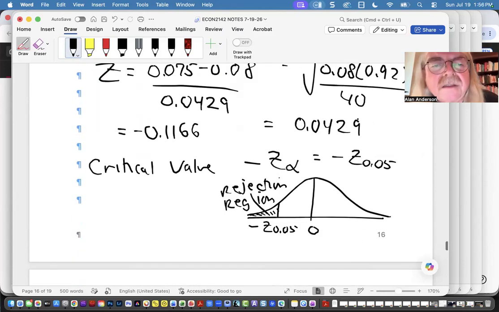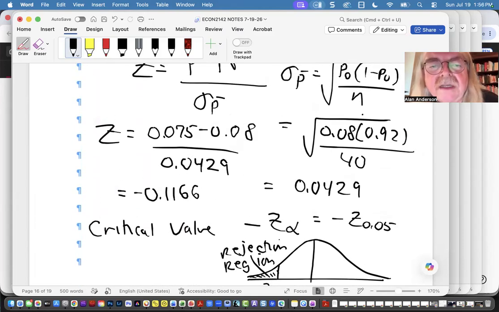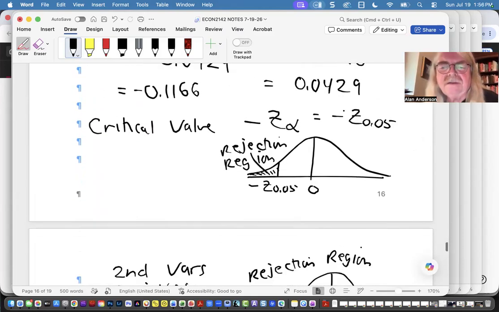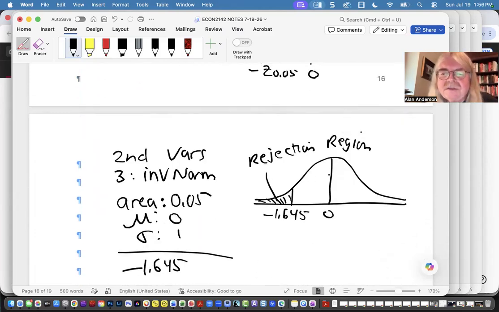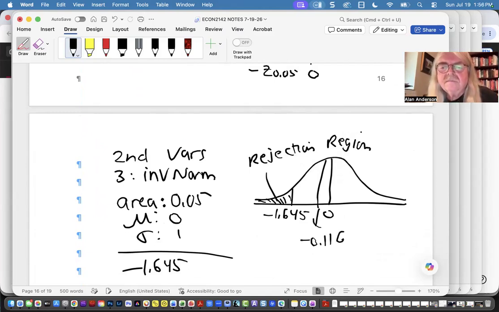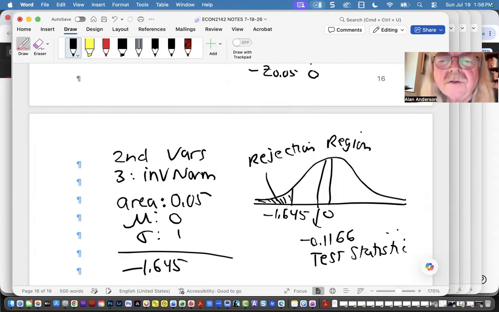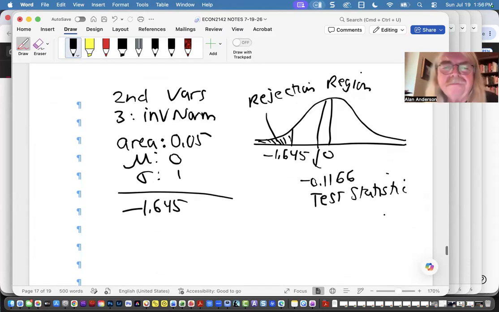Okay, but the test statistic was only, wow, negative 0.1166. It's not even close. So it's clearly not in the rejection region.